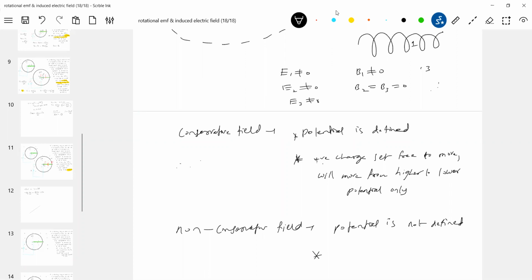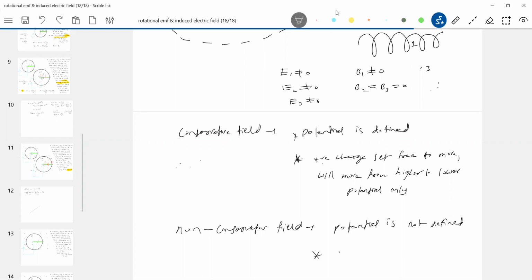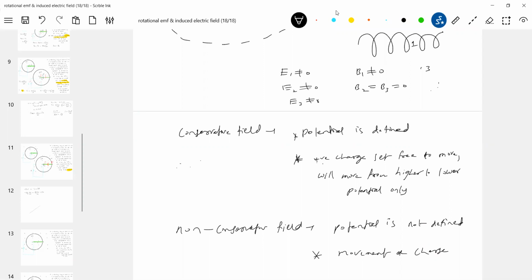Then the positive charge can flow from high to lower potential, lower to higher potential, or between points of zero potential. The movement of charge is independent of potential difference.